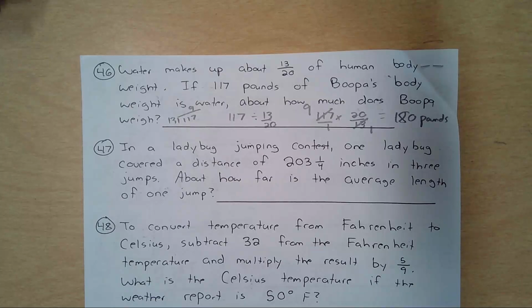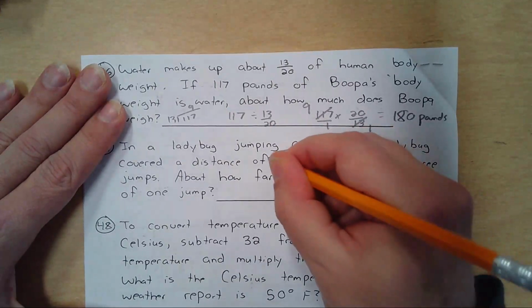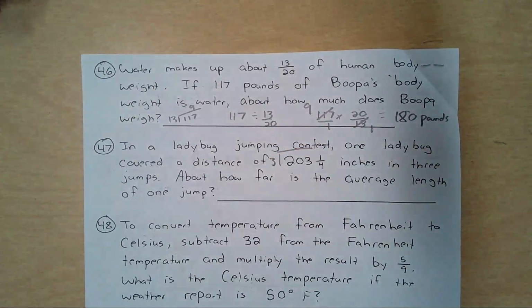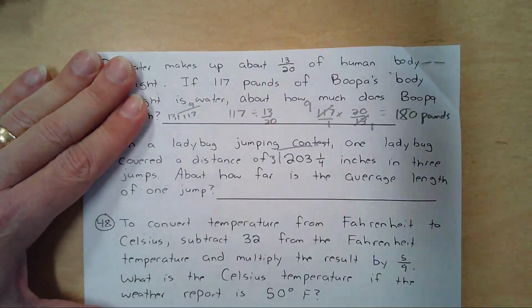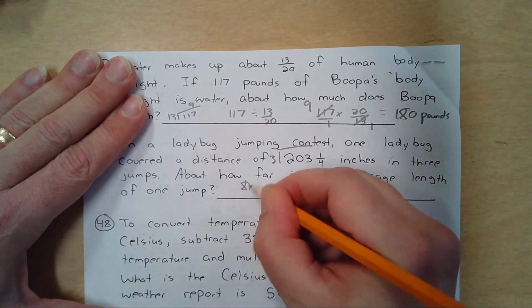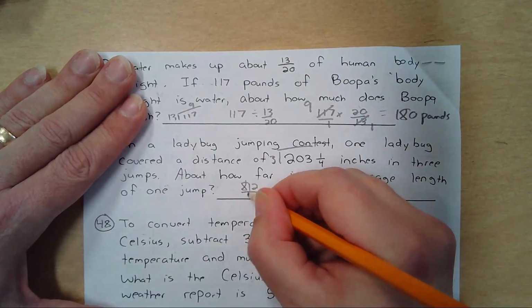Ladybug jumping contest. One ladybug covered a distance of 203 1/4 inches in 3 jumps. About how far is the average length of one jump? So basically, we're just doing this. So I could go to, oh, geez, these problems. You wrote them. Yeah, I know.